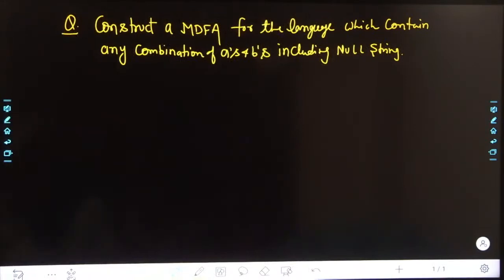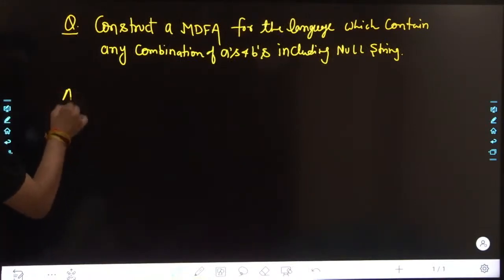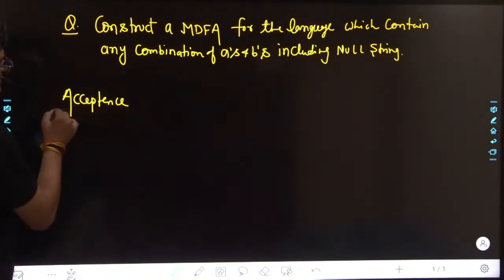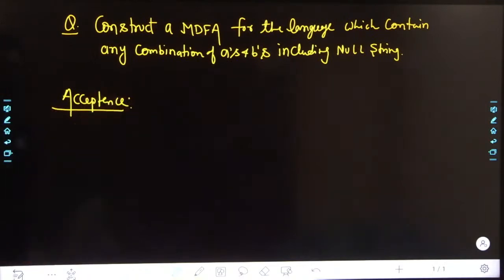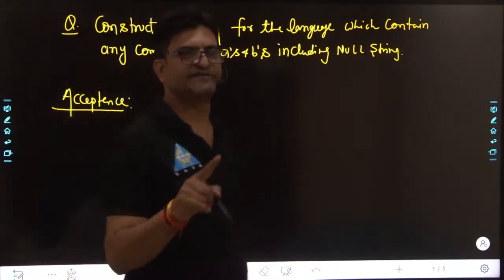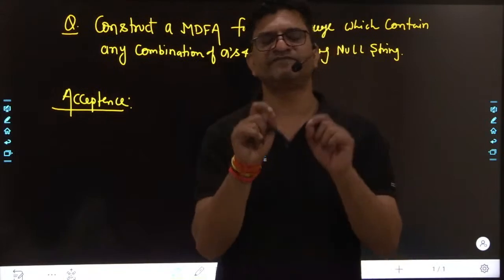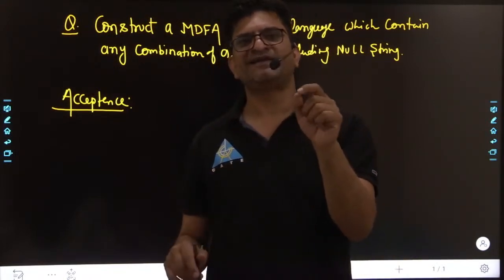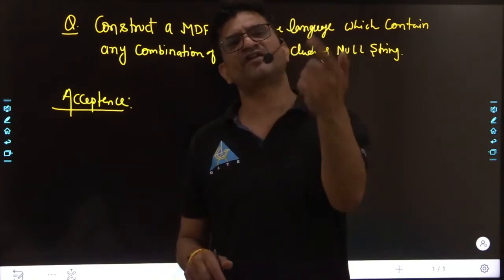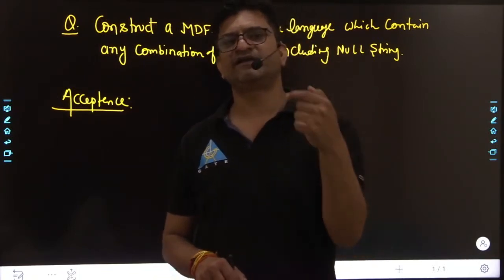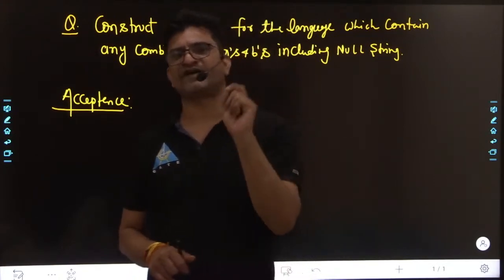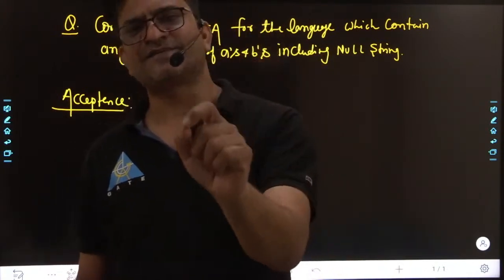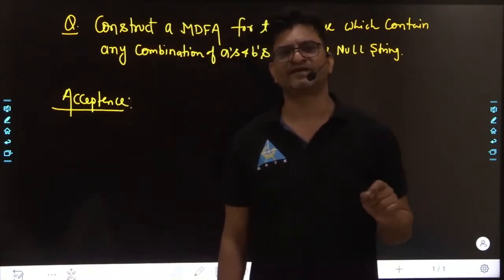So see, there is a concept of acceptance. What do you mean by acceptance? When we read a string from the initial state and it ends in any one of the final states, then we can say this string is accepted by the given DFA.